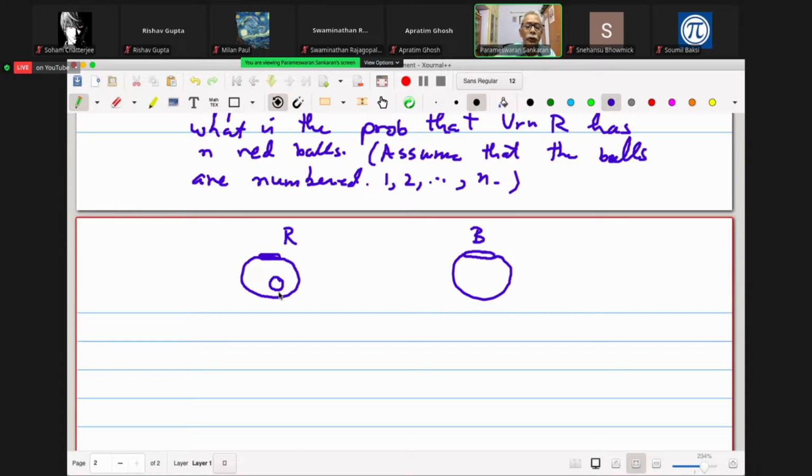Once you ensure that whatever ball came out of R is moved back to R, that's all that matters.